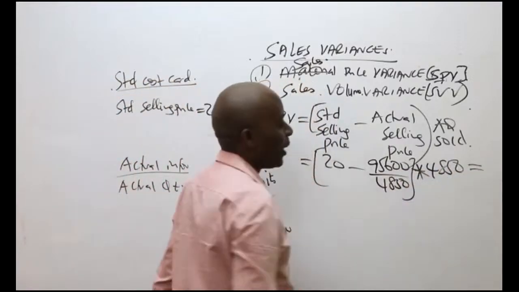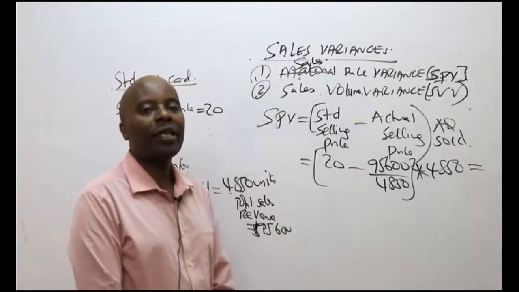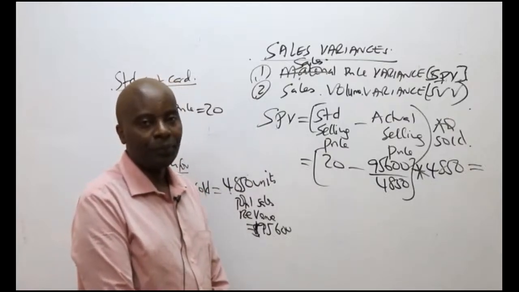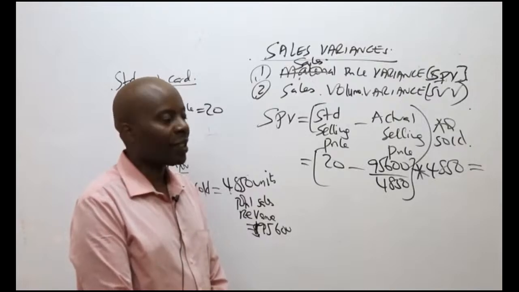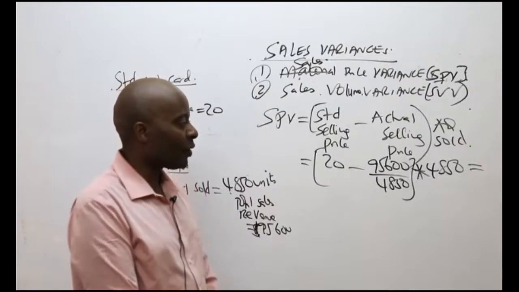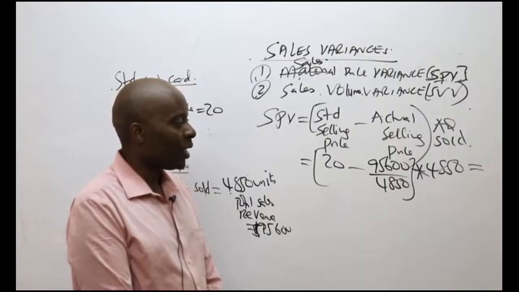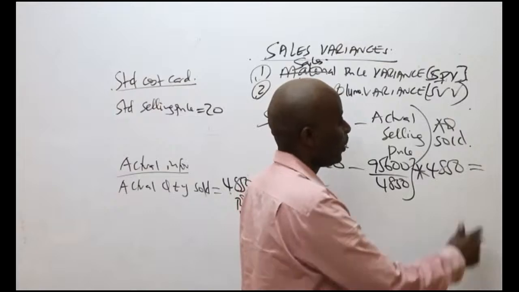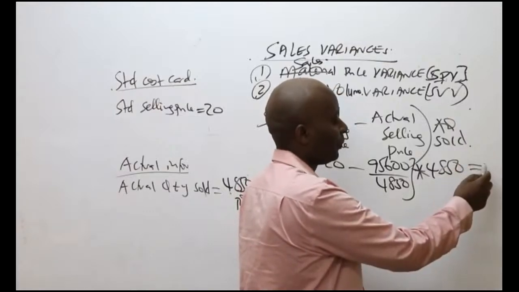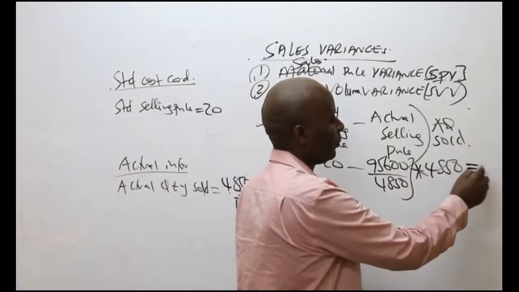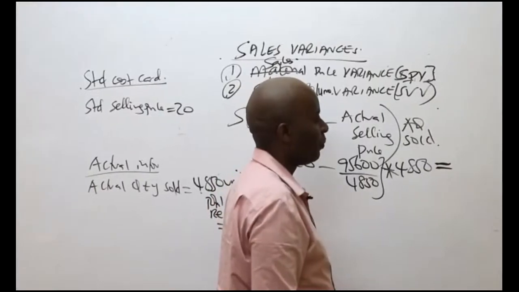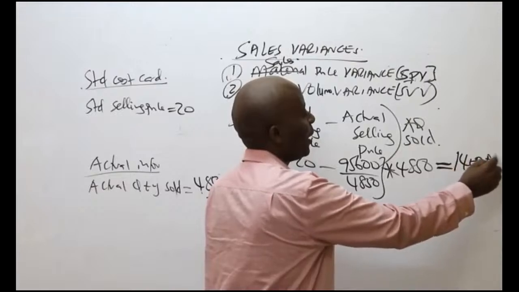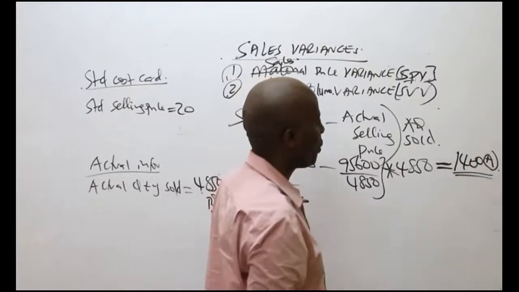So will you kindly give me an answer here? 20 minus 95,600 divided by 4850 times 4850. What figures do we have? 1400 adverse. Thank you very much.